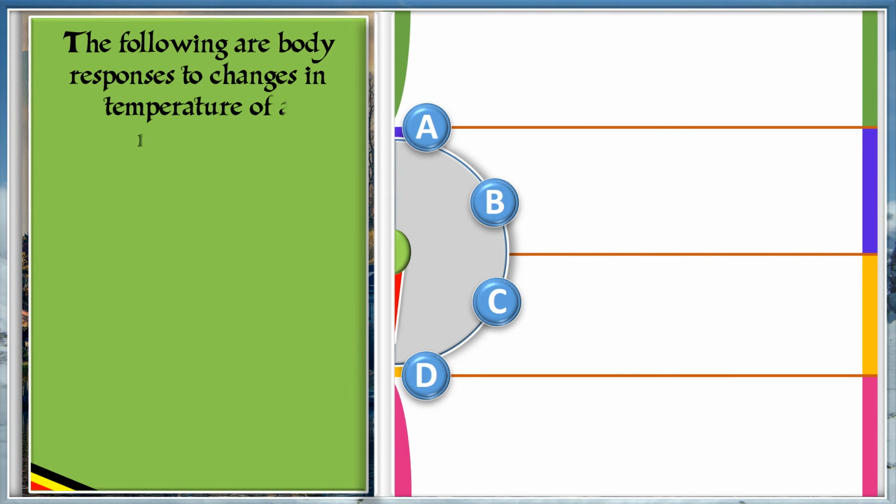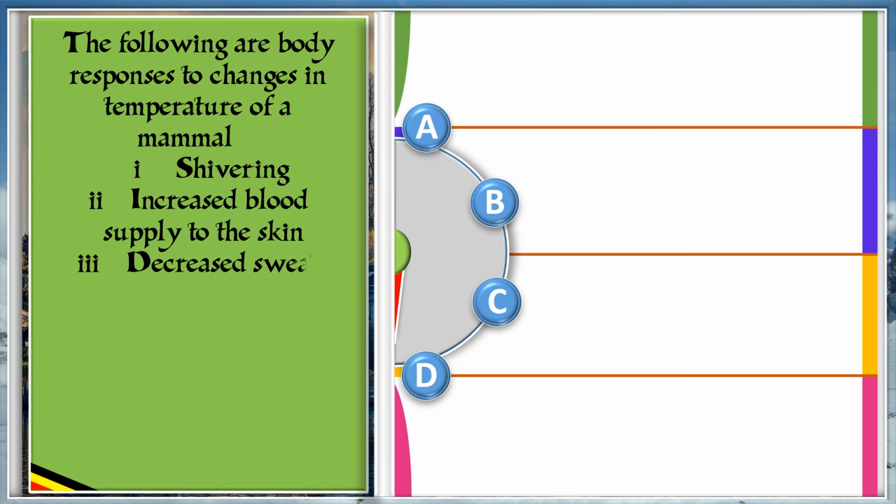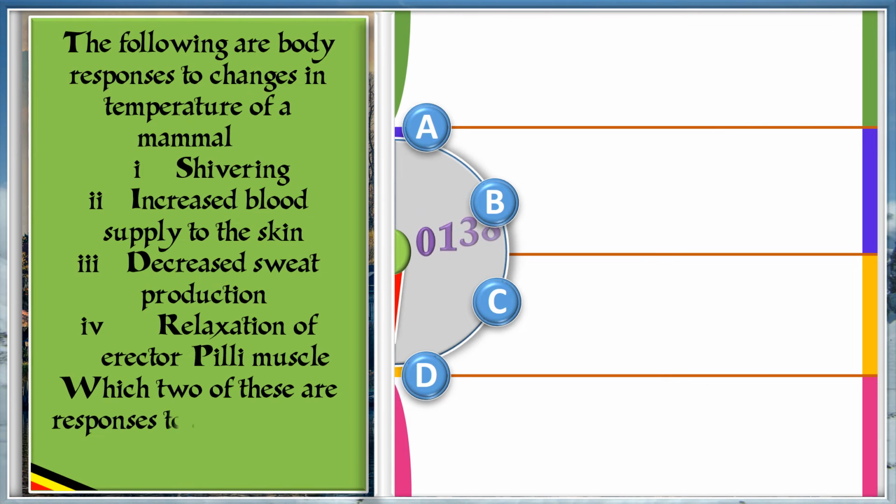The following are body responses to changes in temperature of a mammal. 1. Shivering. 2. Increased blood supply to the skin. 3. Decreased sweat production. 4. Relaxation of erector pili muscle. Which two of these are responsible for a fall in body temperature?